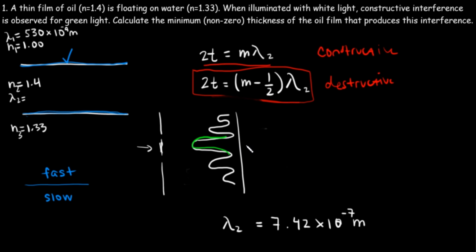So this point is referred to as m equals 0. Whenever it's curvy like this, it's a bright spot. So this is m equals 1, and this is m equals 2. This is also m equals 1, and this is m equals 2. Now, this is m equals 0.